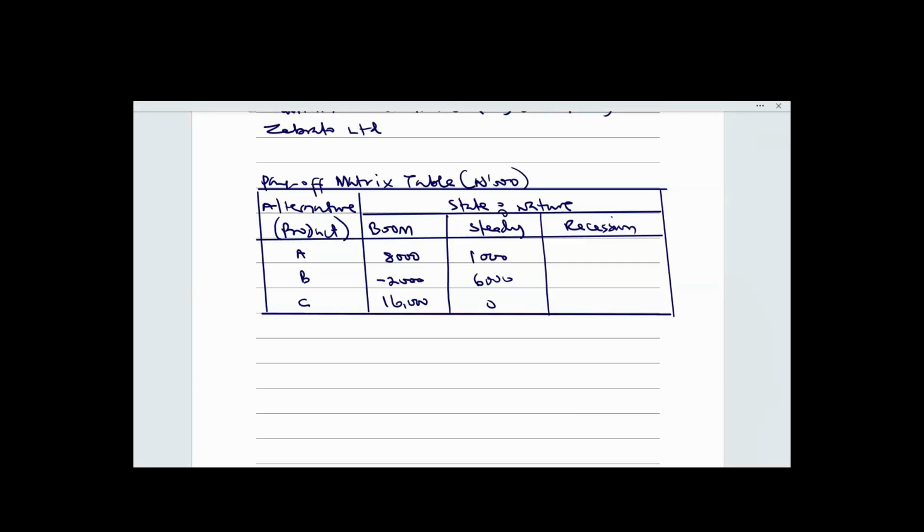We are told further that if there's a recession, 10 million naira loss will be incurred on product A, 12 million naira profit on product B, and product C will earn 26 million naira profit. So minus 10 million, 12 million profit, and then 26 million profit. So we have represented the scenario in a payoff matrix table.